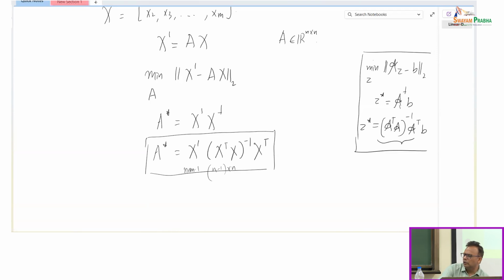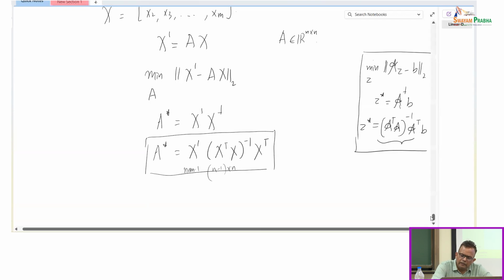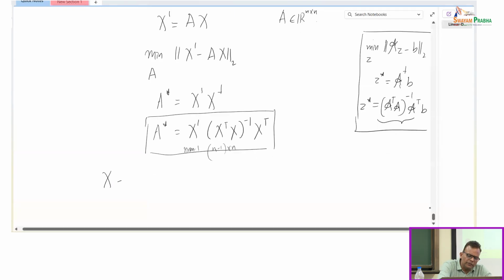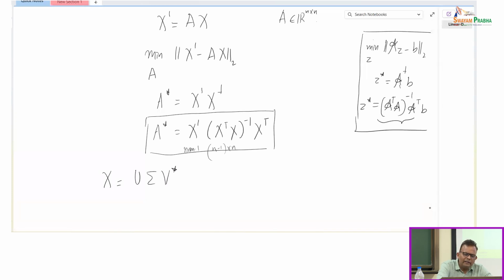The way the algorithm works is that you first do a singular value decomposition. I have the details in the notes, so you can take a look at this, but let me just write it here. You first do a singular value decomposition of X, SVD, which you write as U sigma V star, where U and V are unitary matrices.